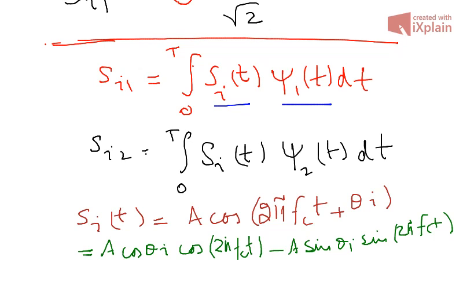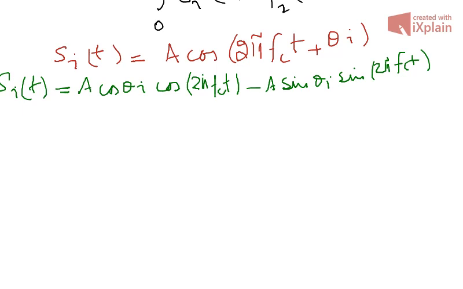So if you write your equation in this form and then multiply it with psi 1 of t, this is your SI of t. Now you can multiply it with psi 1 of t and integrate it.